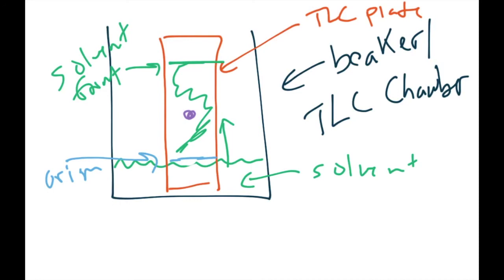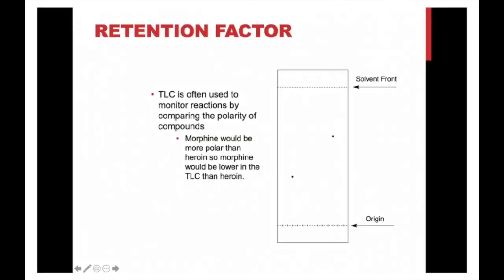So I have this drawn a little bit nicer on a slide. All right, so you can see here, you've got your solvent front. This is how far the solvent moves up the TLC plate. You've got your origin, which is where you start measuring from.